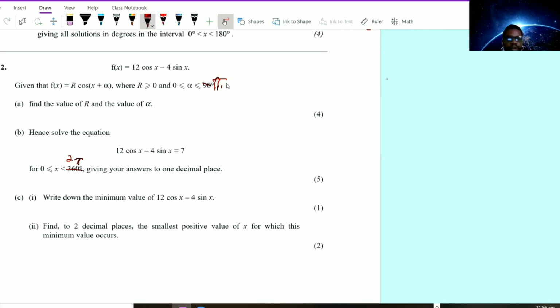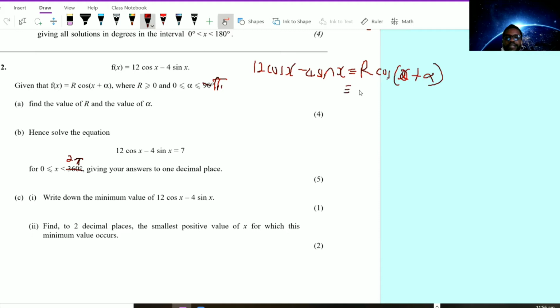So we're going to take a comparative approach here. We're going to set that 12 cos x minus 4 sin x is actually equivalent to r cos(x plus alpha), because this is the form we're trying to get it in.